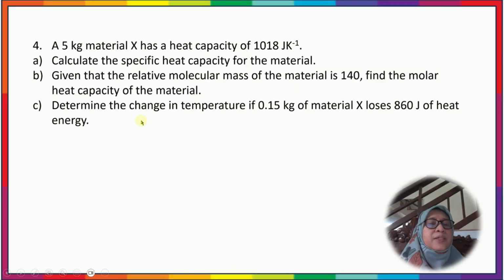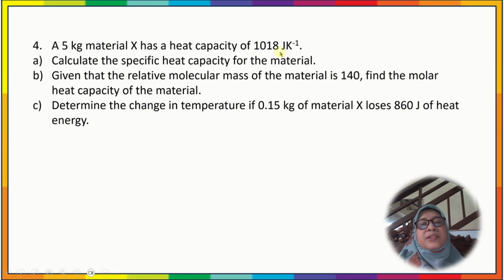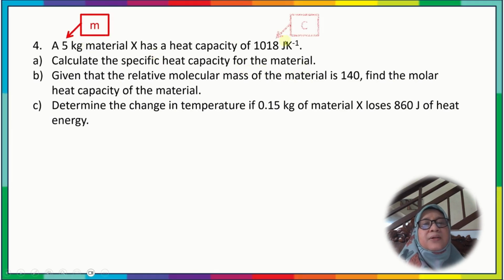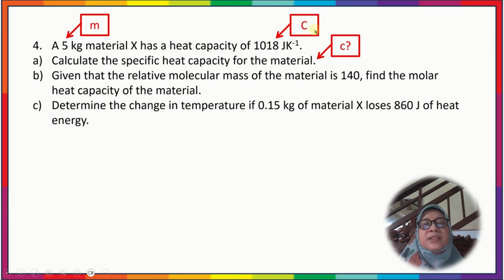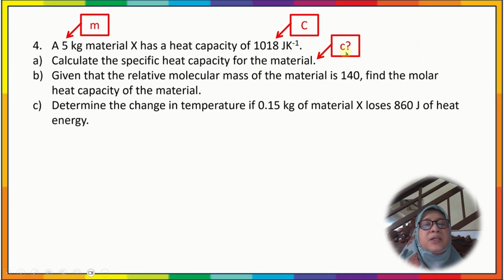Okay, next we go to question 4. A 5 kilogram material X has a heat capacity of 1018 joule per Kelvin. Calculate the specific heat capacity for the material. So you are given mass and heat capacity, and we are going to find specific heat capacity. For specific heat capacity we use small letter c, and heat capacity is capital letter C. The unit of specific heat capacity is joule per Kelvin per kilogram.